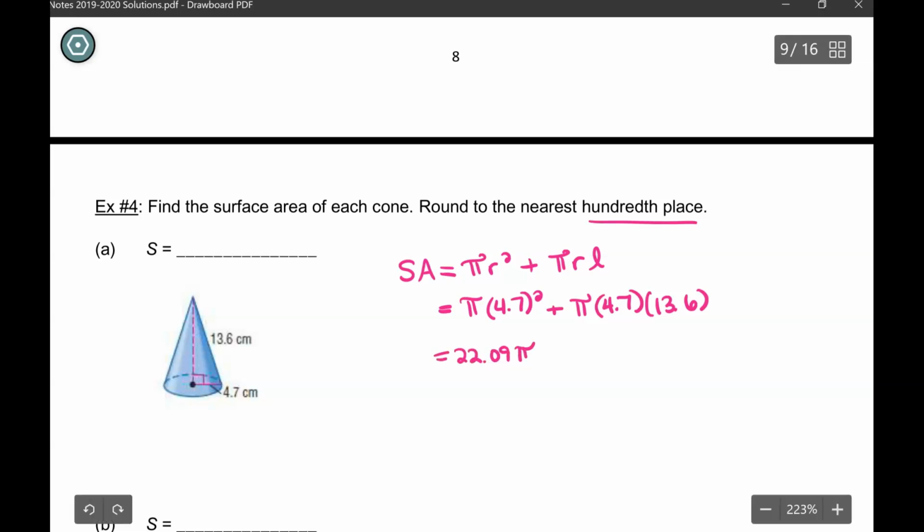Again, we're rounding to the 100th place, but if you were asked to do exact form, you would not include the pi when you multiply it on your calculator. So I would have 22.09 plus 63.92, so 86.01, and then I multiply that by pi, and I get 270.208, so that would be 270.21 square centimeters.